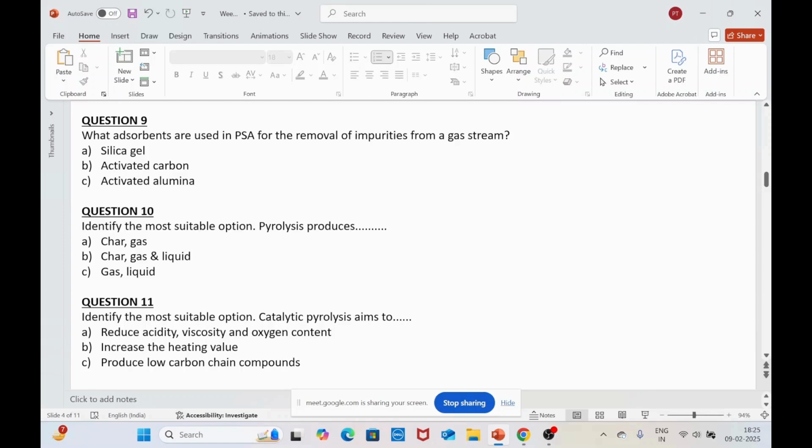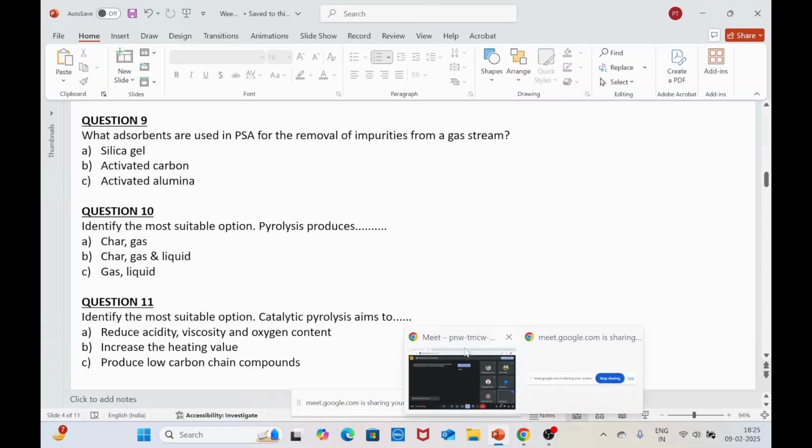Silica gel, activated carbon, activated alumina. First of all, what is PSA? Let me see.